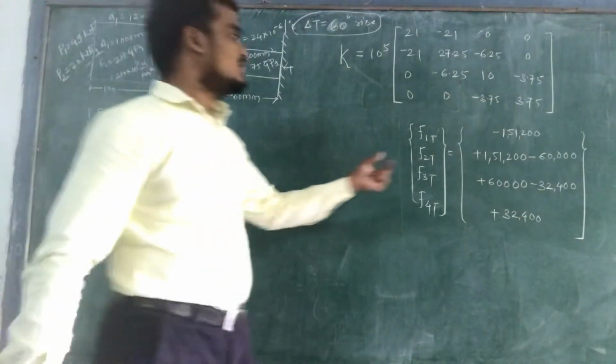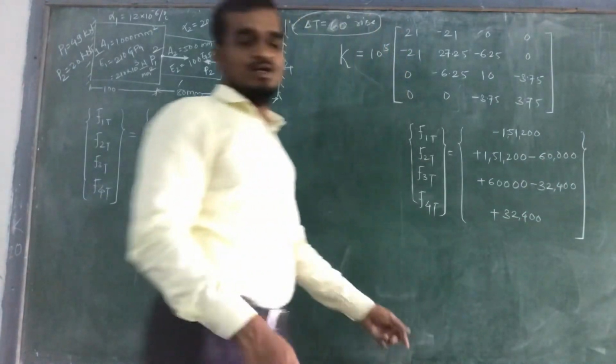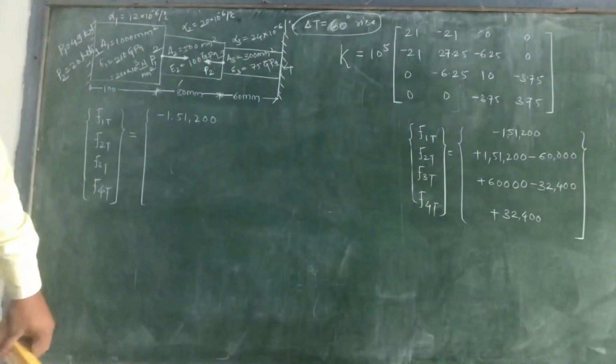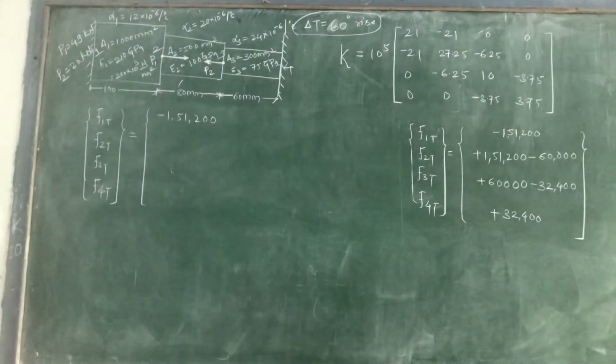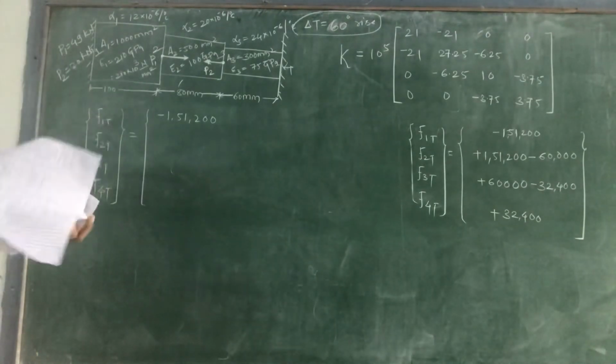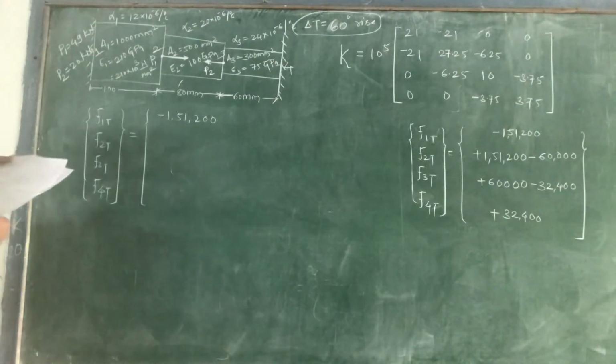Second one is 1,51,200 minus 60,000, which will become equal to 91,200.